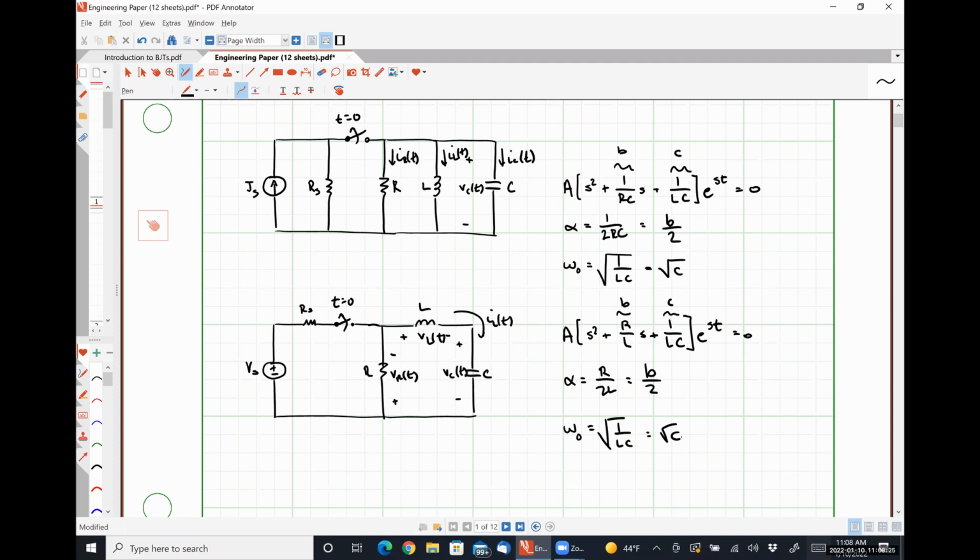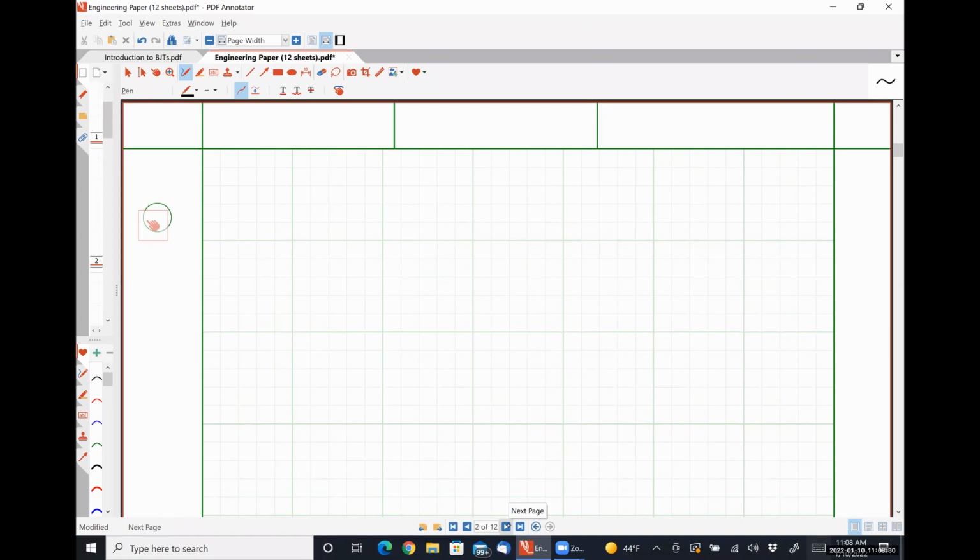Okay. So let's say that I have the following circuit. I have a switch that is closing at t equal to 0. When that switch closes, it's going to short out a resistor that I am going to call R2.